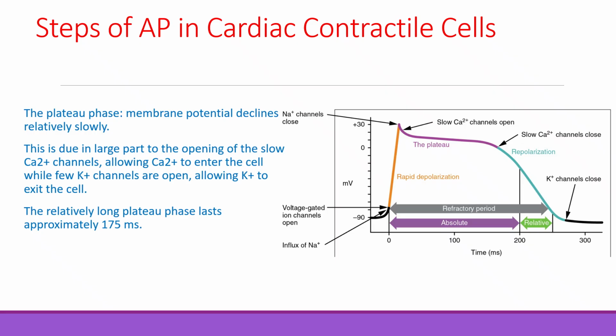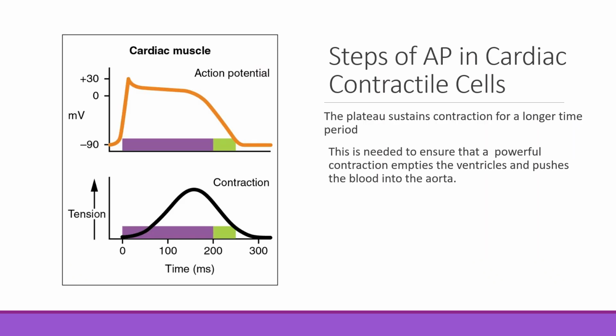The relatively long plateau phase lasts approximately 175 milliseconds. That plateau sustains contraction for the longer time period, and we want that. This is needed to ensure that we have a powerful contraction that empties the ventricles and pushes the blood into the aorta.